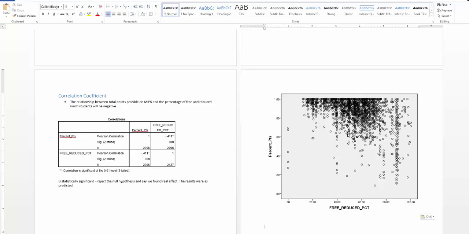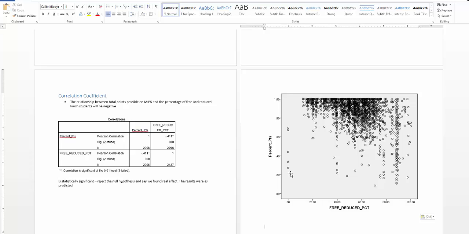And this lets us explore the data a little bit, explore the relationship in a lot more detail than just the numbers. We see that there is a negative regression line, a negative slope. We also notice a few things. We notice that we've got some data over here with a free and reduced percentage of 0.